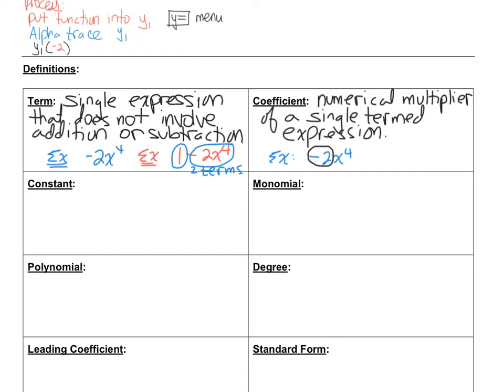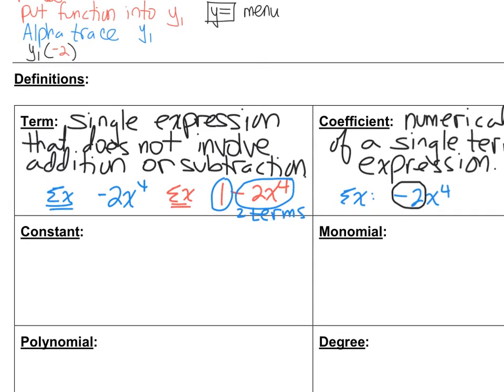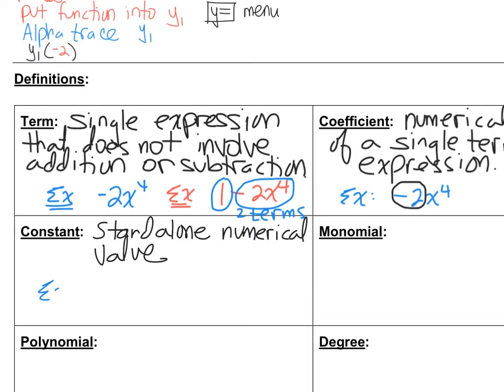All right, constant. A constant is a standalone numerical value. All right, also known as a fixed value. So if you see in a word problem, constant or fixed, it means the same thing.